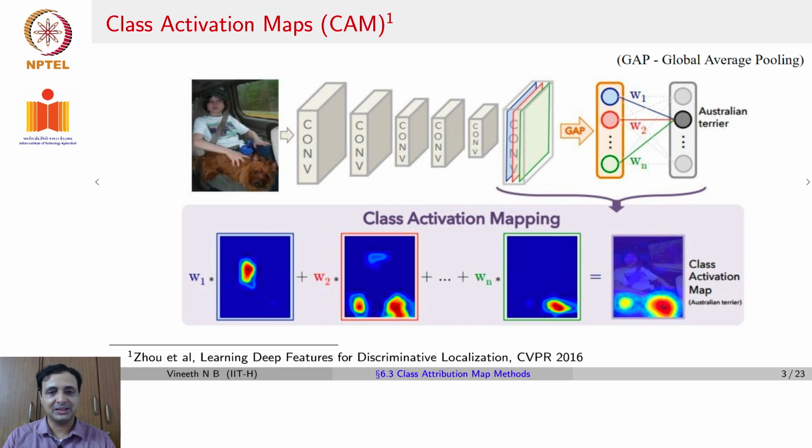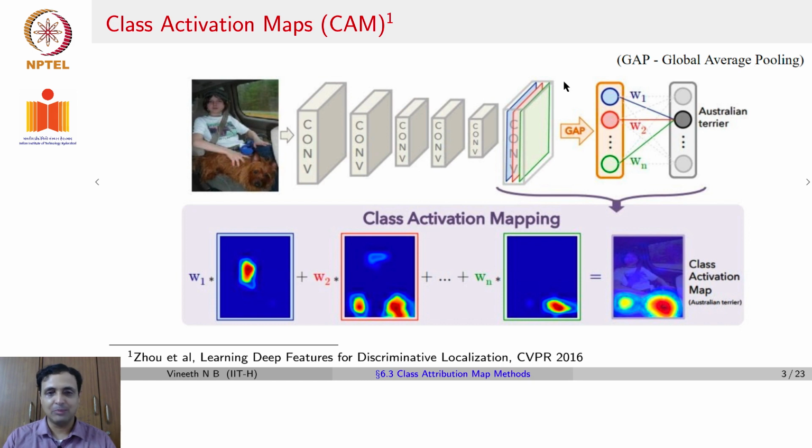One of the earliest methods in this regard was known as class activation maps or CAM, which was published in 2015 and 16. So this takes a convolutional neural network and uses the notion of global average pooling to achieve the objective.